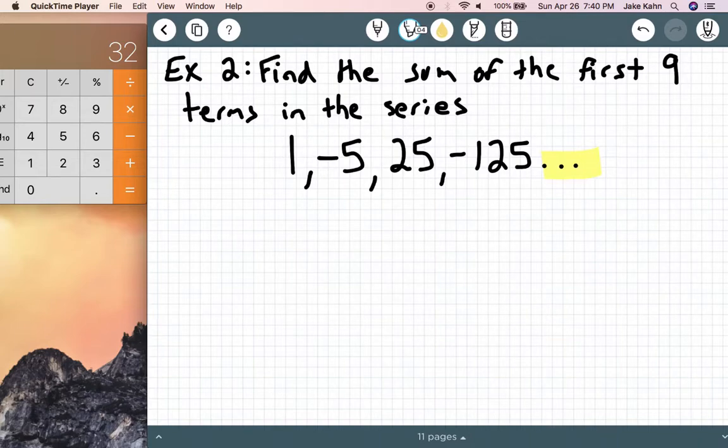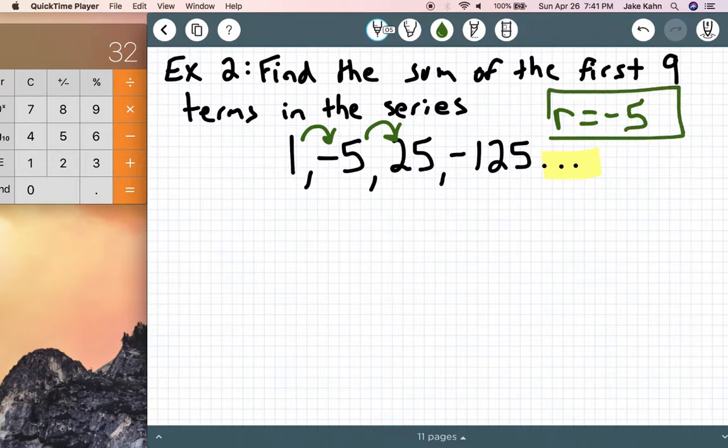I see that it's switching between positive and negative between each number. So I know that my r value is a negative number. And what am I multiplying by in between each number to go from here to here or from here to here? I'm multiplying by a negative 5. So that's going to be valuable to know later on.